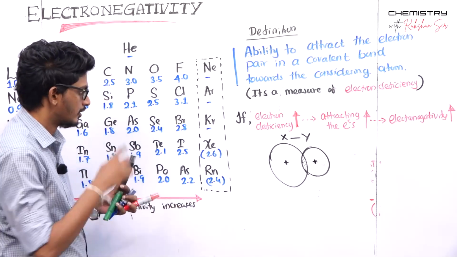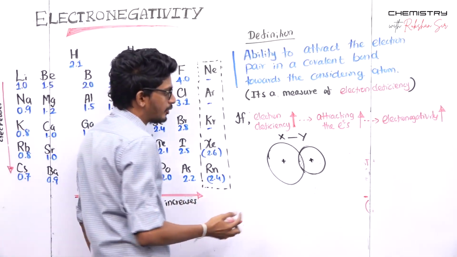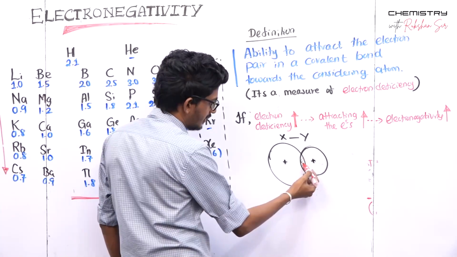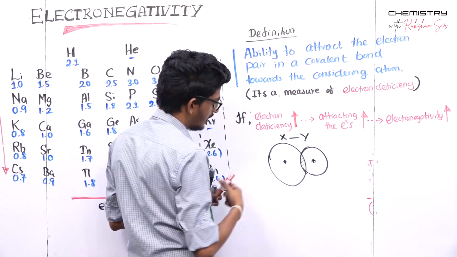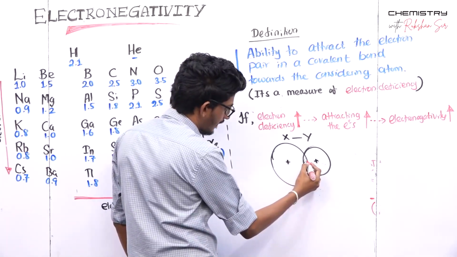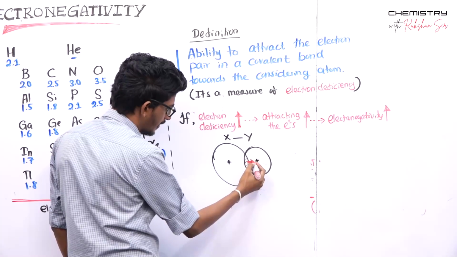So you clearly see the ability to attract this shared electron pair is greater as the nucleus of the small atom is closer to it.